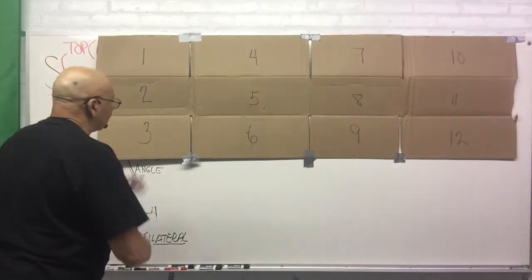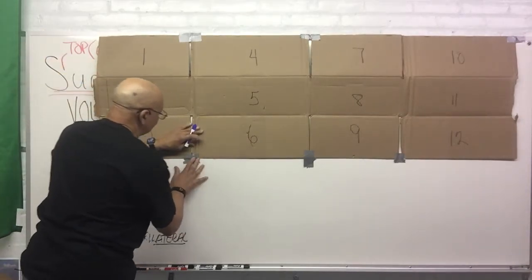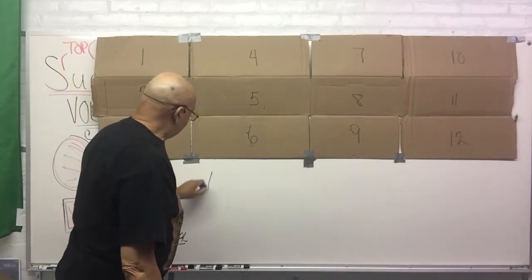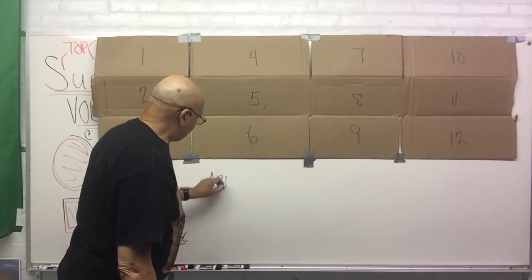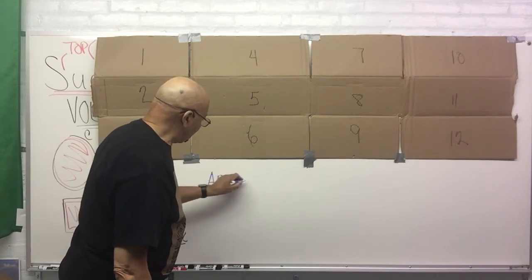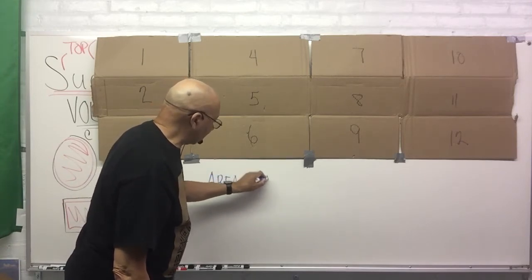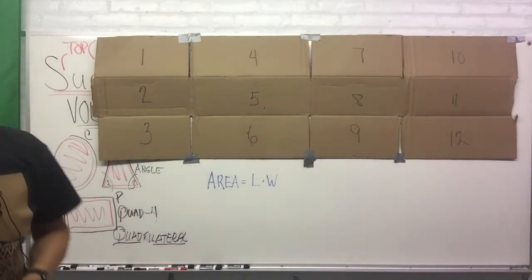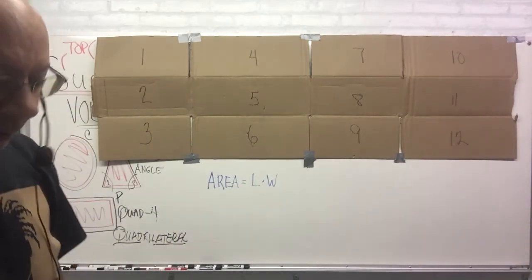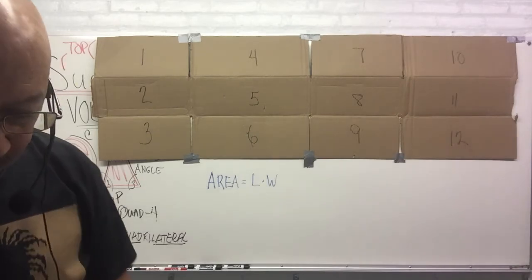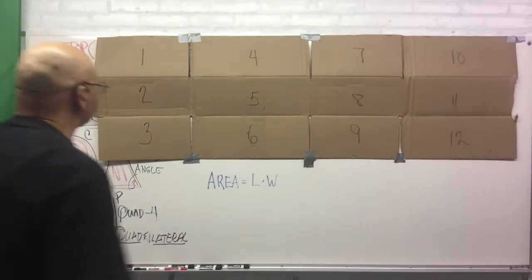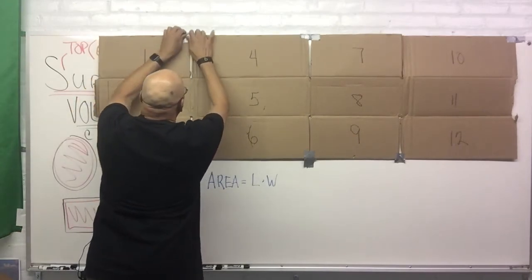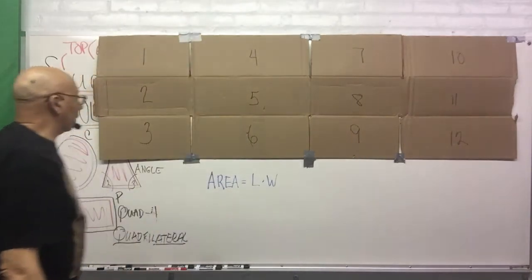So now, what do we do if we have a rectangle? The area of a rectangle, I'm going to ask you to write this down later too, is length times width. And even though we have 2 different dimensions, just for custom and convenience, we say that the longest side is the one we call the length.